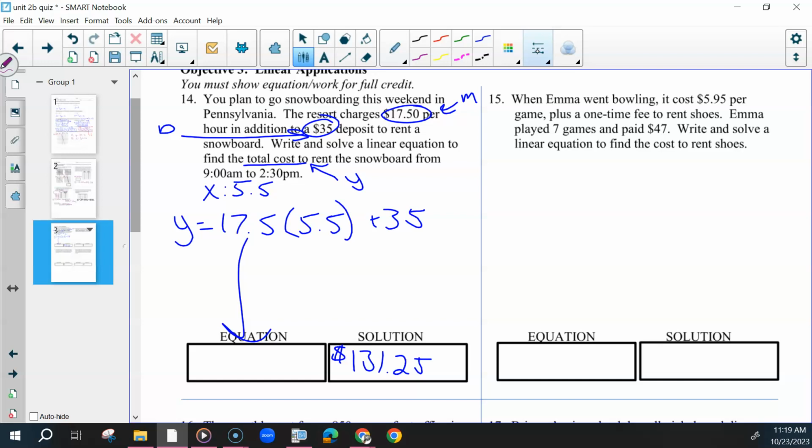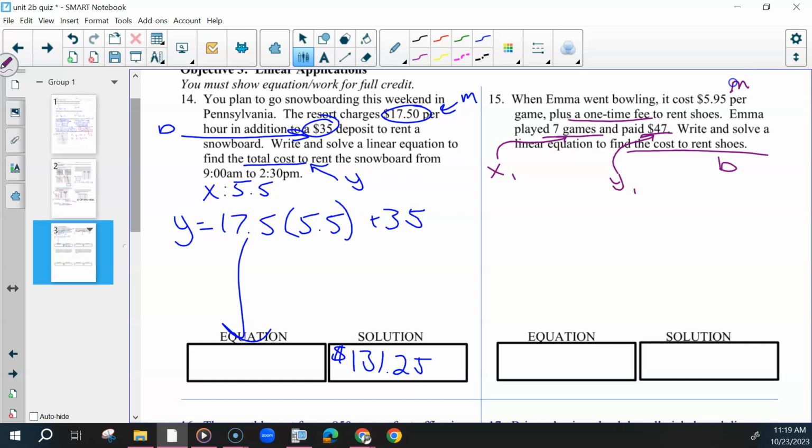15 was similar. Your variables would have been, this is M. The 1 time B, that's what you're looking for. That's going to be your B at the end. 7 would have been your X or X1. 47 would have been your Y or Y1.